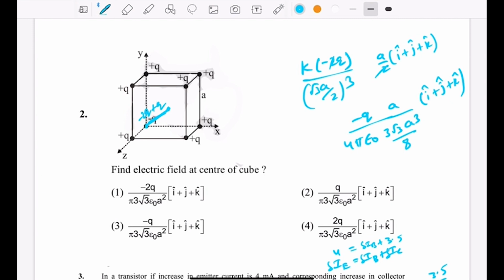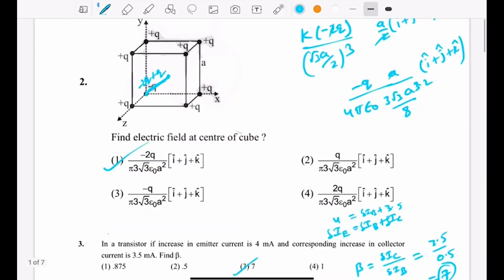So this will be a square. So I'll get minus 2q by 3 root 3 epsilon naught pi into 3 root 3. Yes, this one. That's it. I've got it.